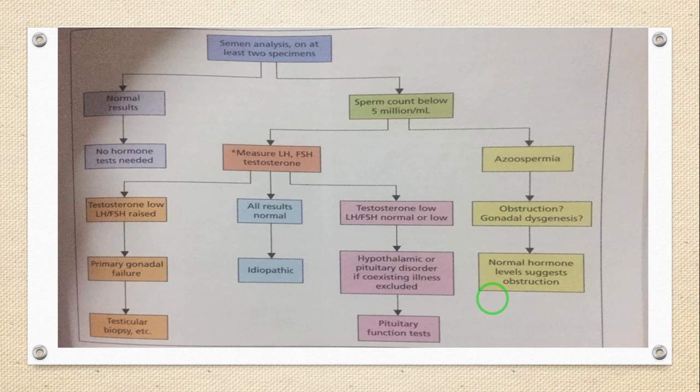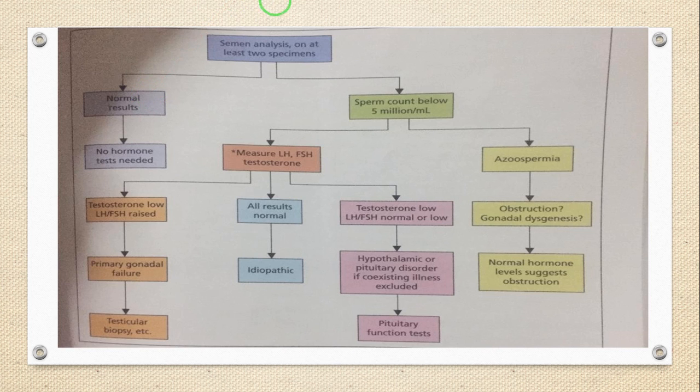By analysis we mean that we measure the volume, the motility, the pH, the percentage alive, and the color and other features that we talked about previously in the lecture.